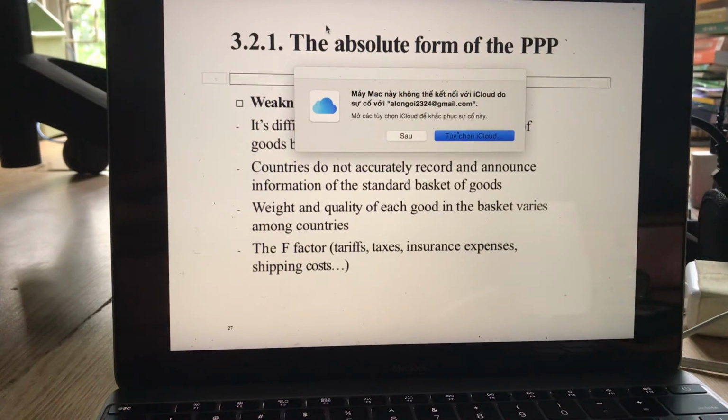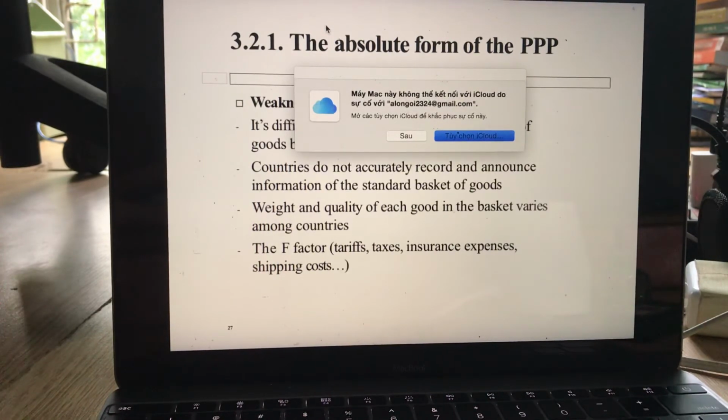The main drawback is that it's hard to find a common standard basket of goods between two countries. Why? Because the taste, the preference in each country, are different.